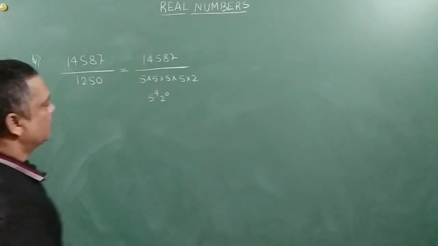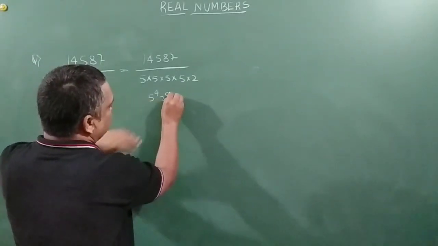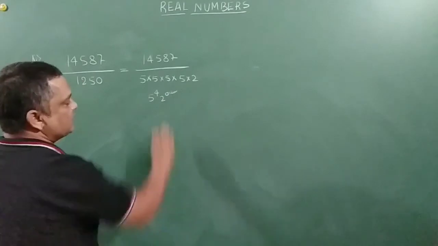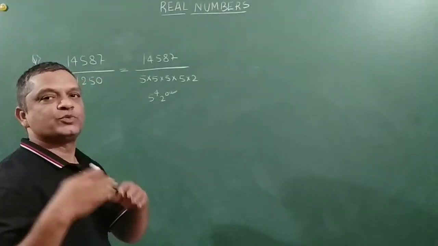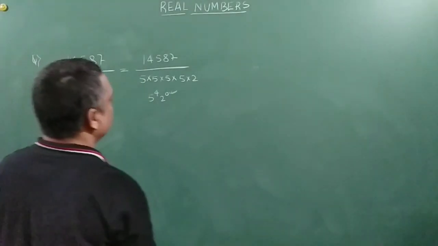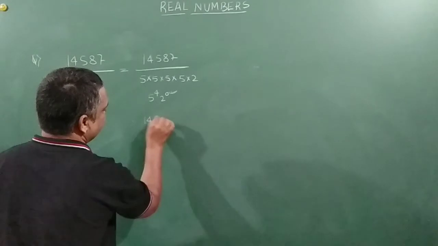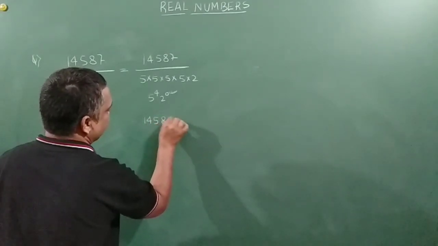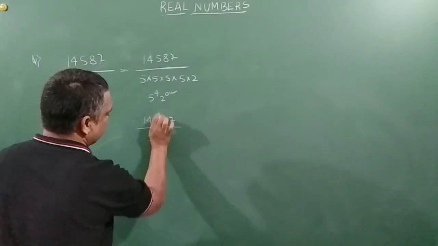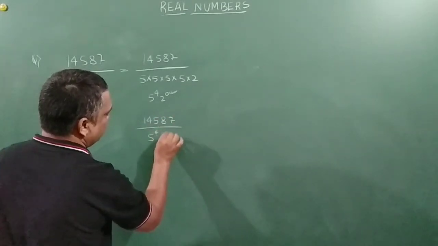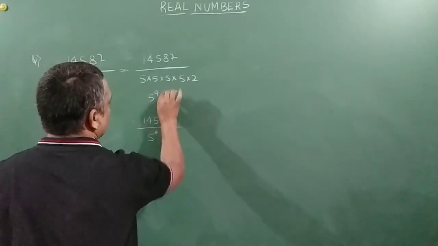Correct, friends? Now I am going to equalize this. I want the 2 raised to power 1 to become 2 raised to power 4. I am so sorry, it is 2 raised to power 1, not 0.